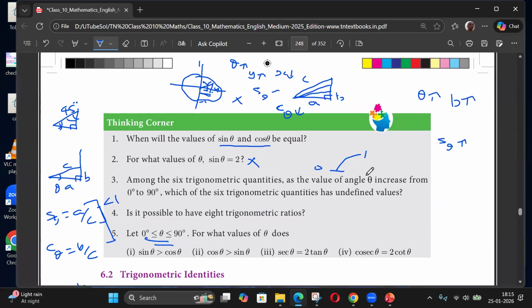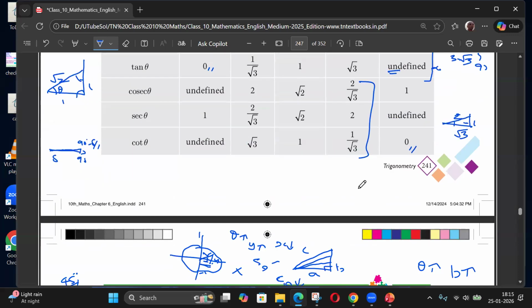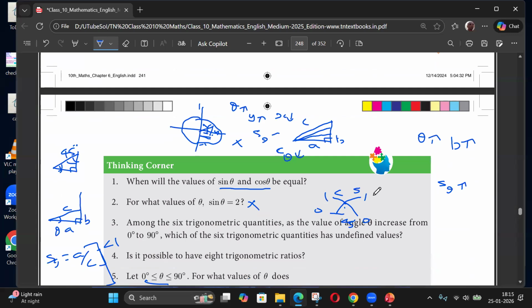So this is the sine variation, and cos will be the opposite, from 1 to 0. Where is it equal? At 45 degrees, both are equal.